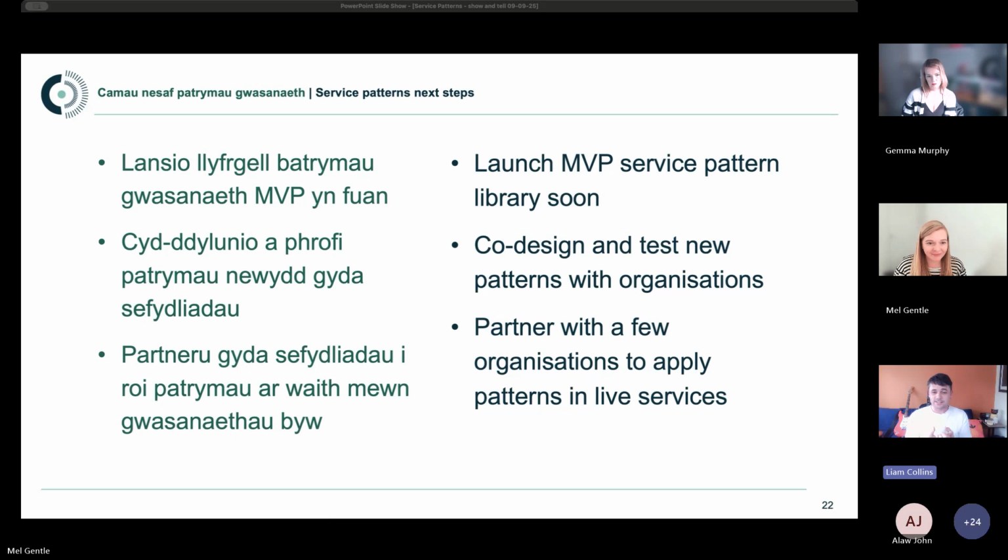And then lastly, we're looking to hopefully do some slightly deeper dive work with a couple of organizations, spend a bit longer, work with them, get some of these patterns into their live services and learn from them about how this might work in those particular contexts as well. So lots of learning still to do, which is always an exciting place to be, but also lots of learning already achieved. So yes, next level unlocked, I think, is probably the best way of thinking about it.